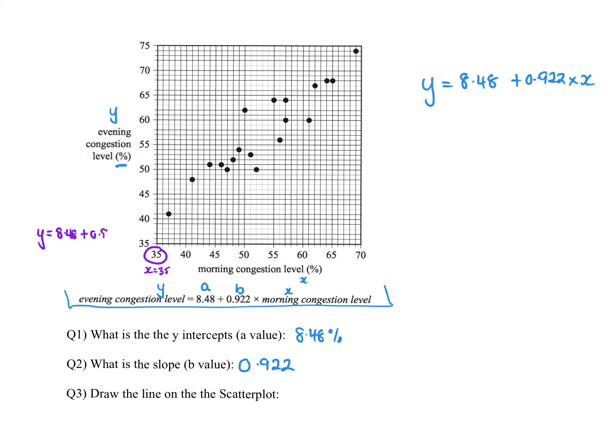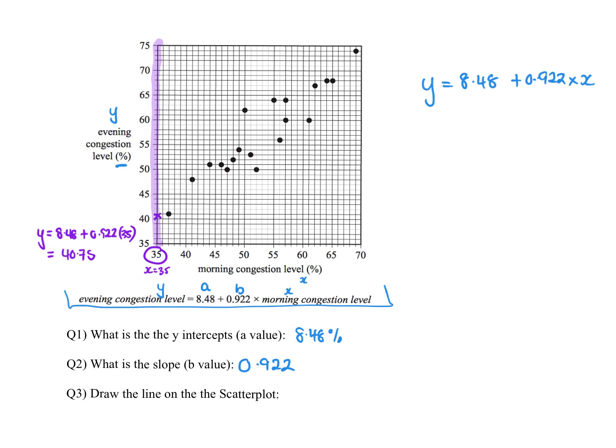So it'll be 8.48 plus 0.922 times 35. All right, so I get that to be 40.75. So up along this line, when x equals 35, I get 40.75. So it's roughly there, okay? I'm drawing it around the 40, nearly on the 42.